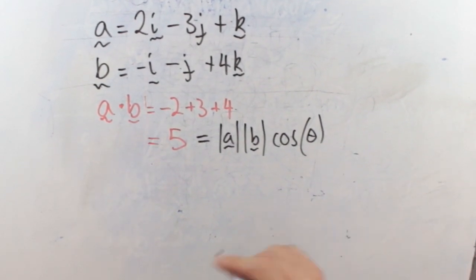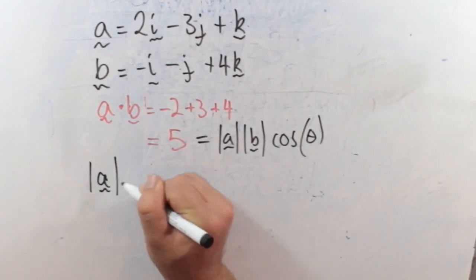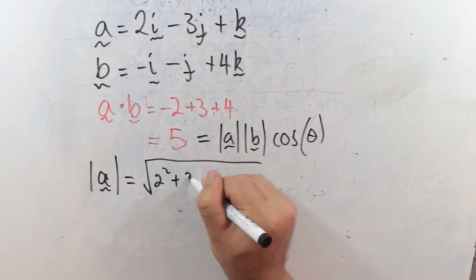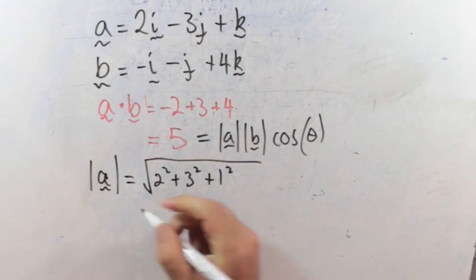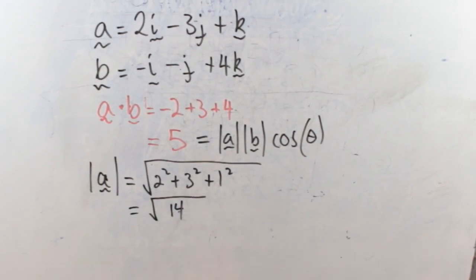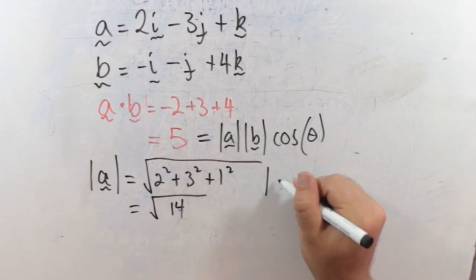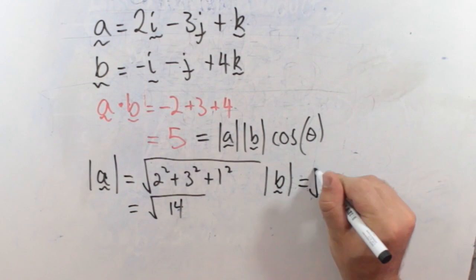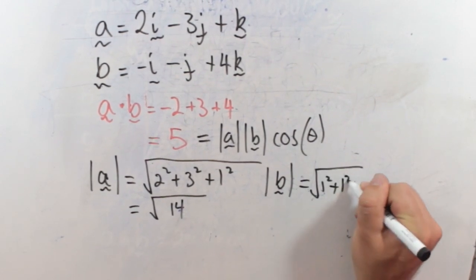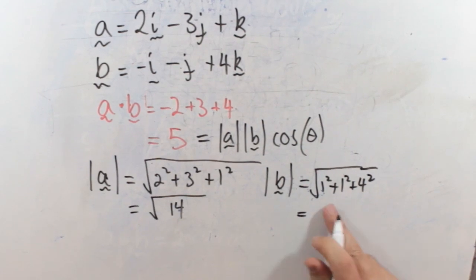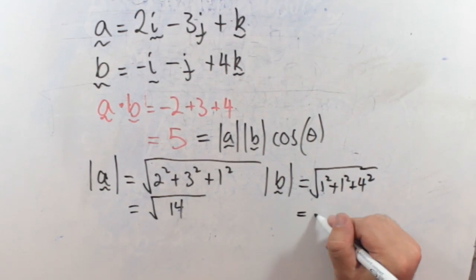Okay, so let's find the magnitude of A. That's the square root of 2 squared plus 3 squared plus 1 squared, which is root 14, I think. And then the magnitude of B, 1 squared plus 1 squared plus 4 squared equals 2 plus 16, that's root 18.